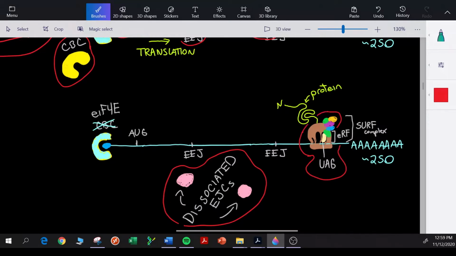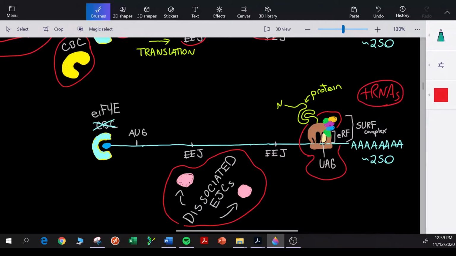The stop codon enters the A site of the ribosome. We didn't talk about the E, P and A sites in this course. That's more of a cell biology topic. There are no tRNAs, no transfer RNAs, that recognize the three stop codons.